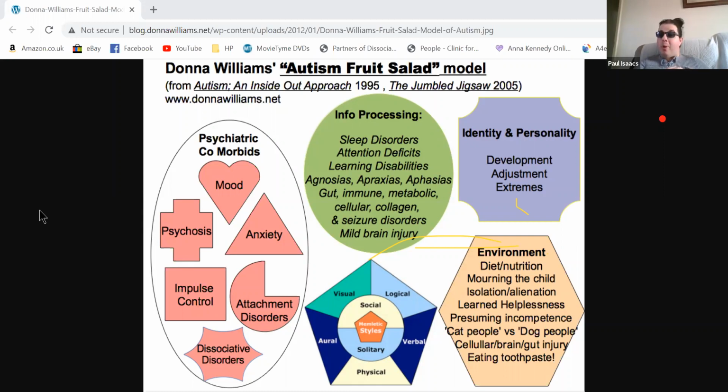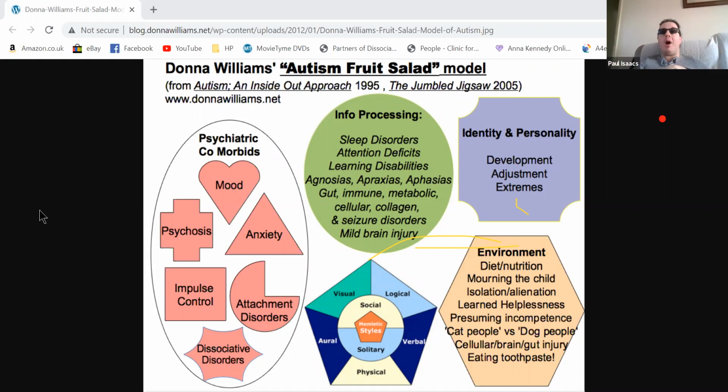And then you get mild brain injury, and mild brain injury can be to do with all sorts of factors. It could be to do with hypoxia or something happening after birth. For me, I had cerebral hypoxia, so I had a traumatic birth, and part of the traumatic birth meant that mild brain injury is just simply part of my autism.